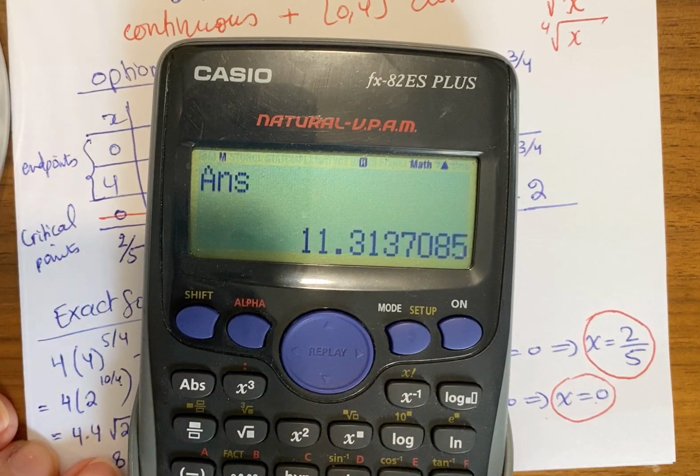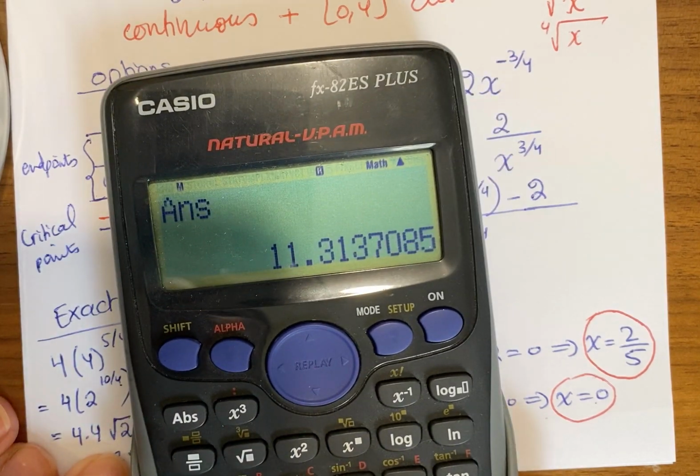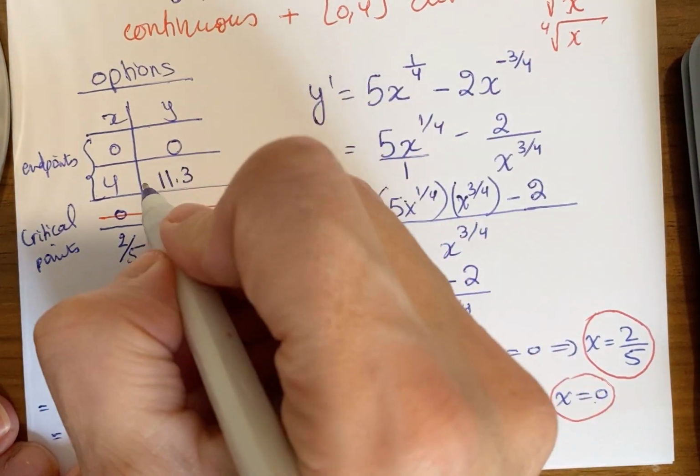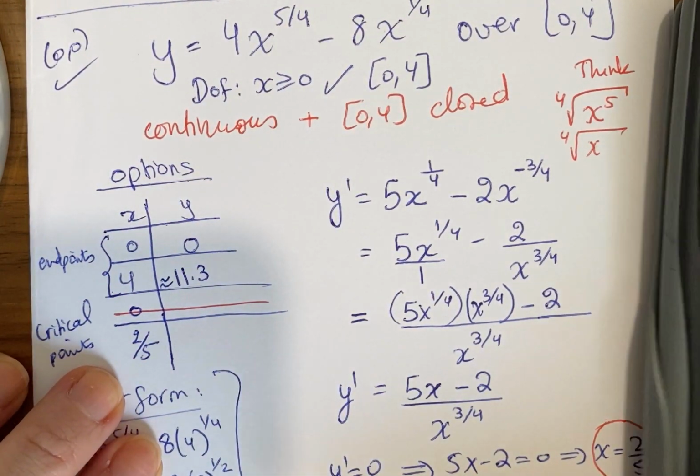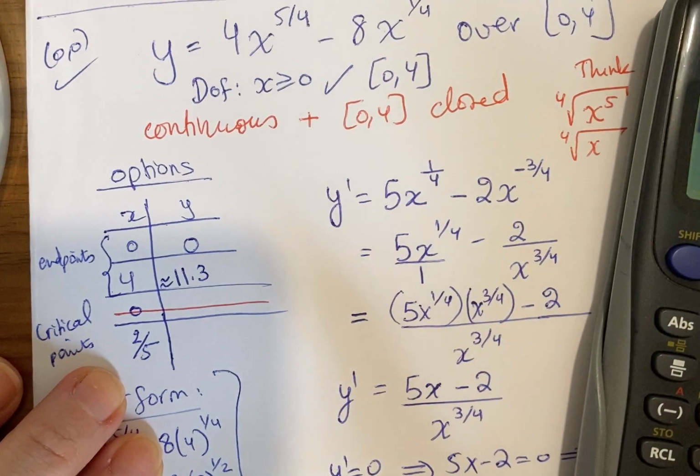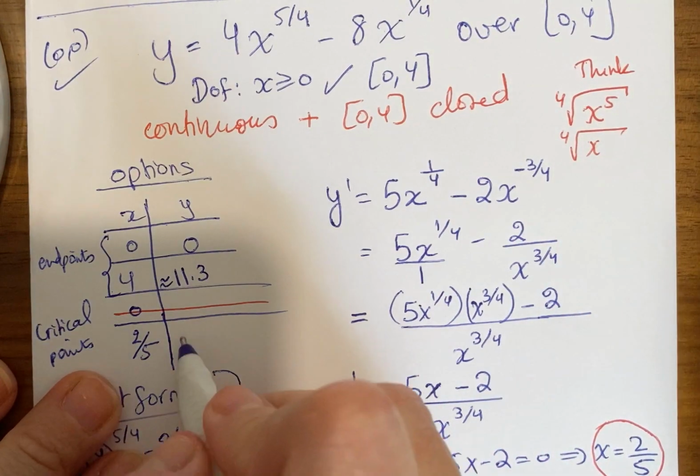In my case, because my calculator is a bit old, it gave me 11.3. So it's an approximation. At 2/5, what do we get? At 2/5, I will go back to the calculator. You get minus 5.1.